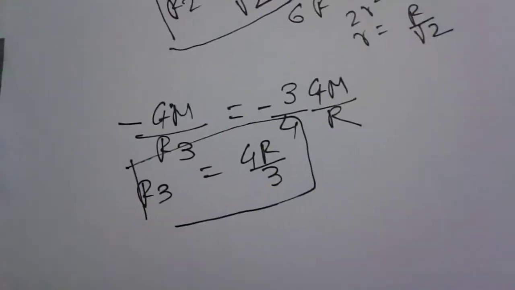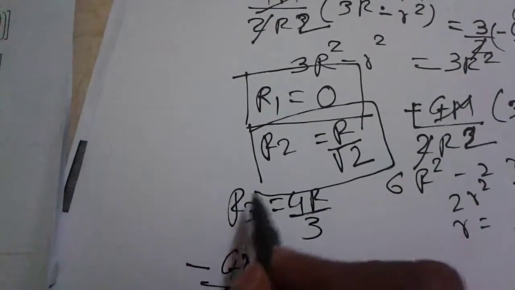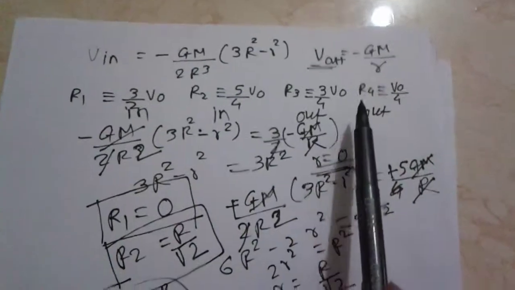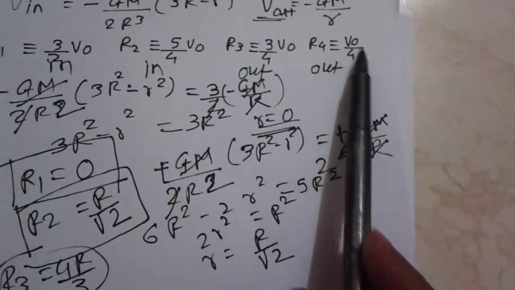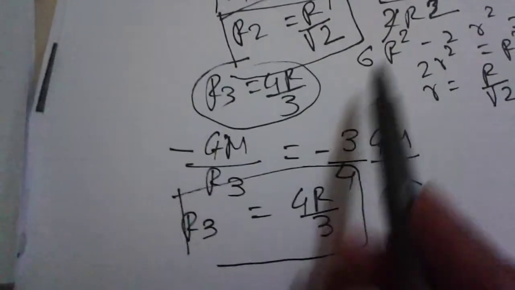This is my R3. On similar lines, let us compute R4. Please see here, R4 corresponds to V0 upon 4. Obviously that means R4 will be 4 times R.